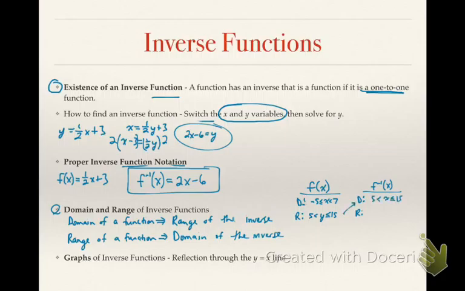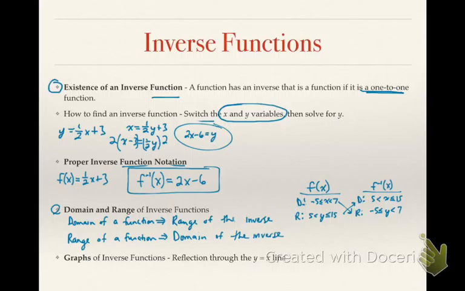Notice that it comes from the range and goes to the domain. And the domain of the original function becomes the range of the inverse: negative 5 is less than or equal to y is less than 7. Of course, domains are always x values, ranges are always y values, so when you switch the domain and range, you have to make sure you put the appropriate variable there.